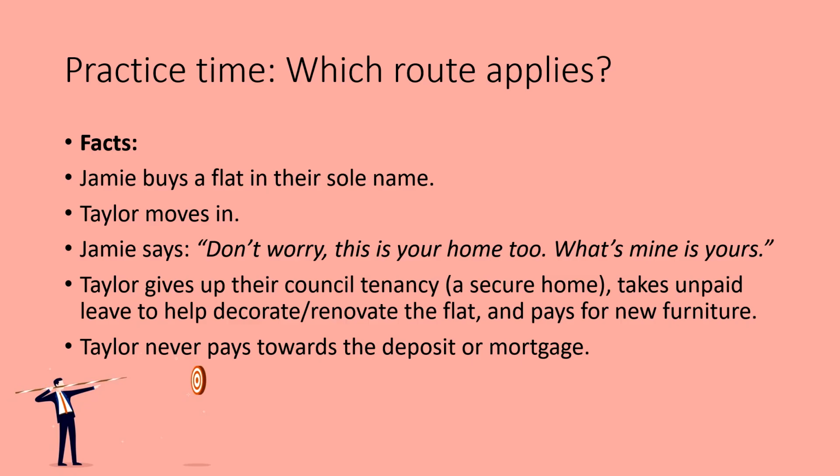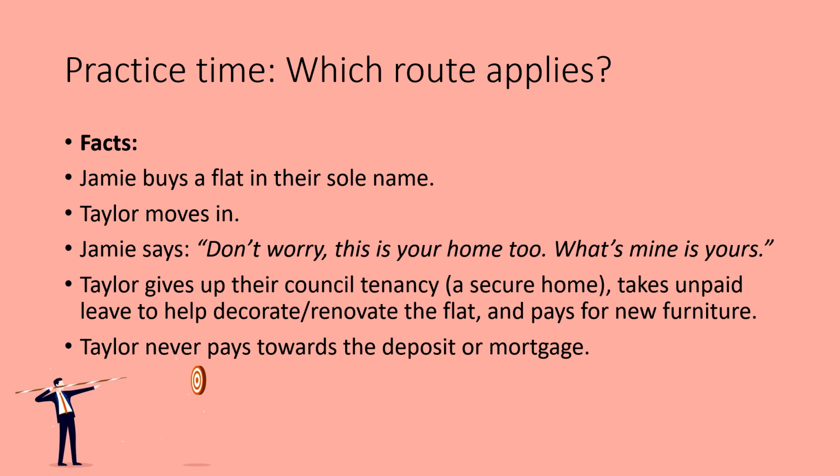So I would just give you a little bit of homework or practice to do. All I want you to do is to decide which one of the routes that Lord Bridge formulated would apply in this scenario.